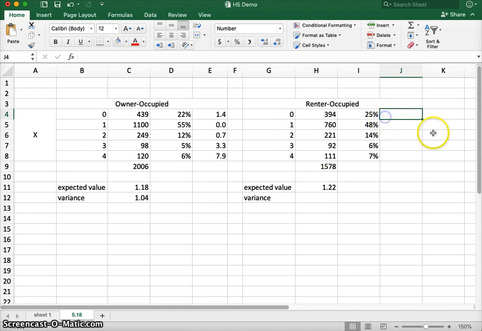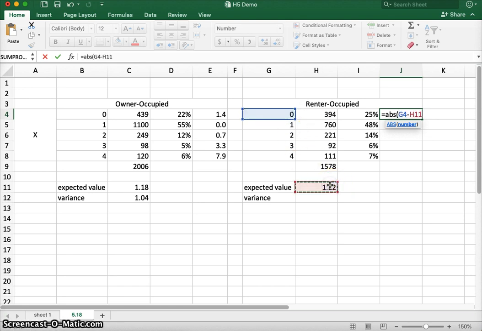But we want the absolute difference, so we put in ABS, which strips out the negative signs, and it's the difference between what actually happened and what we thought would happen, that value squared, which is caret 2. And I want to make this constant.